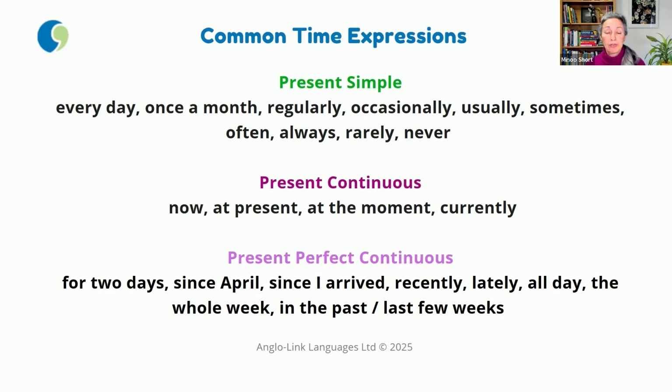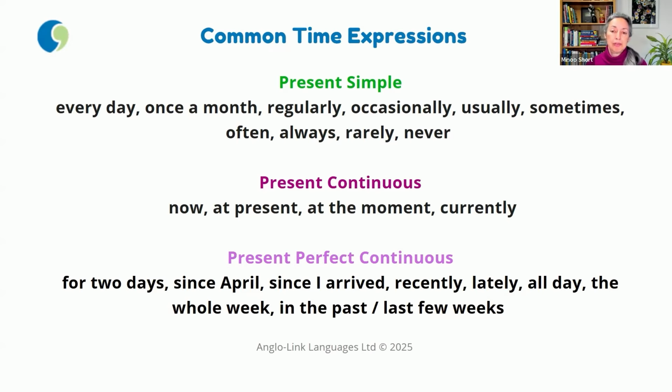And for present perfect continuous, the common time expressions are, and look at my hand, it's coming from the past to the present: for 2 days, since April, since I arrived, recently, lately, all day, the whole week, in the past or last few weeks. So these each fit the concept that we've just clarified.